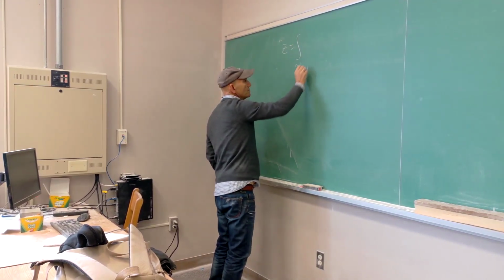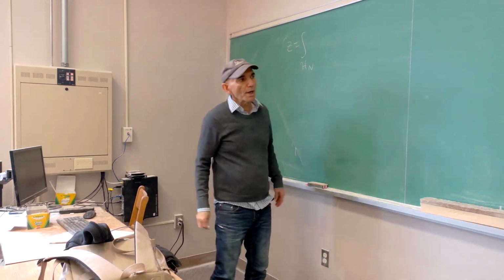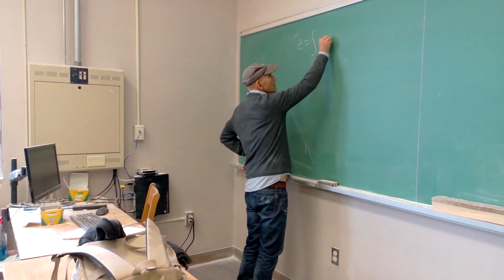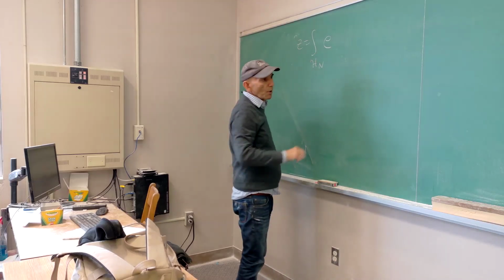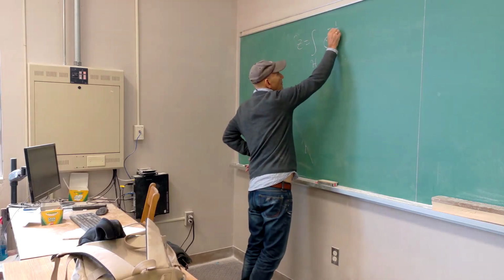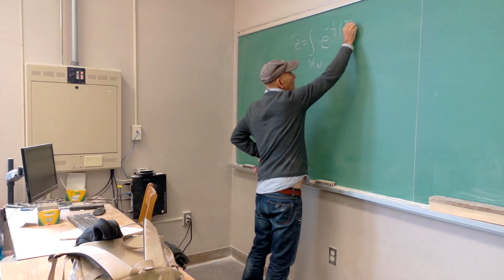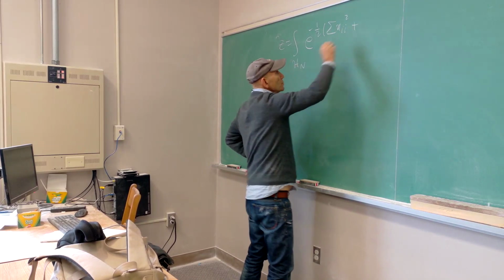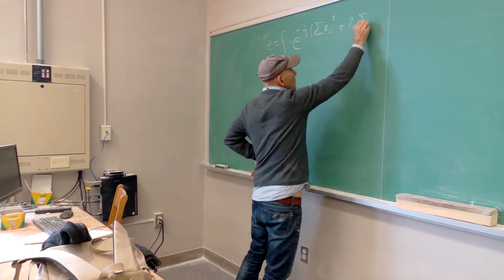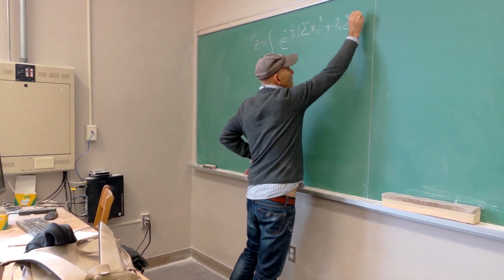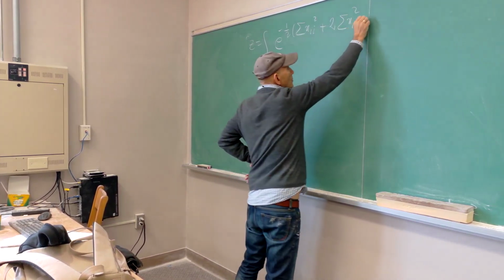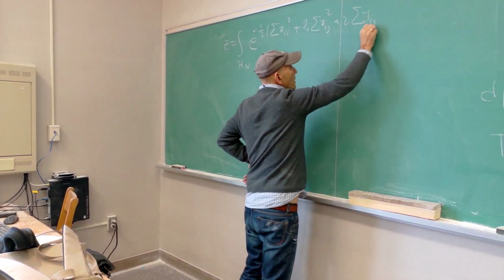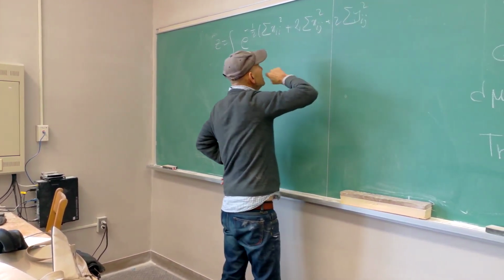Integral over R^(n squared). So we have exponential of minus 1/2 of the sum of xii squared plus twice the sum of xij squared plus twice the sum of yij squared, right? dVH.